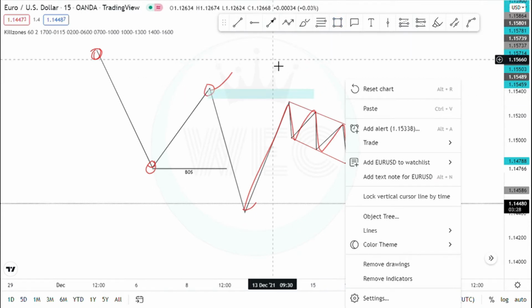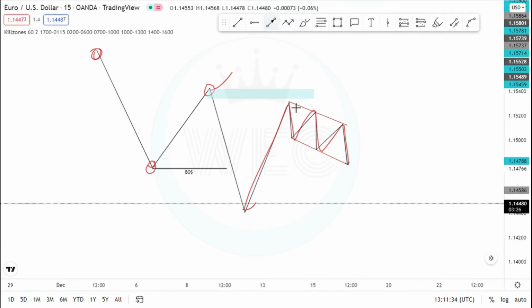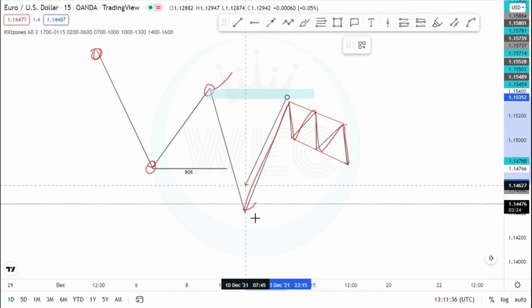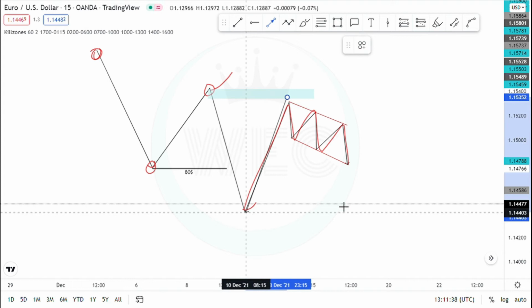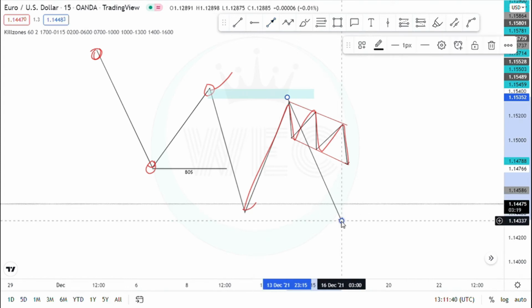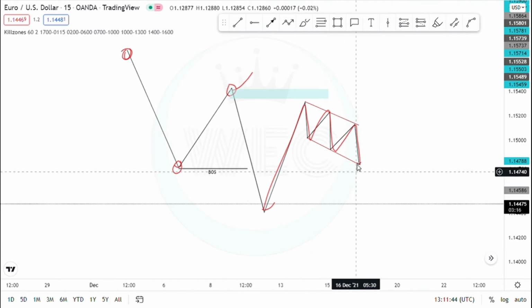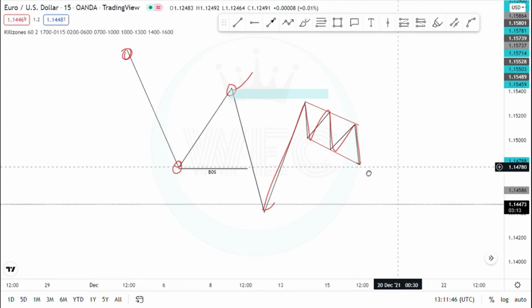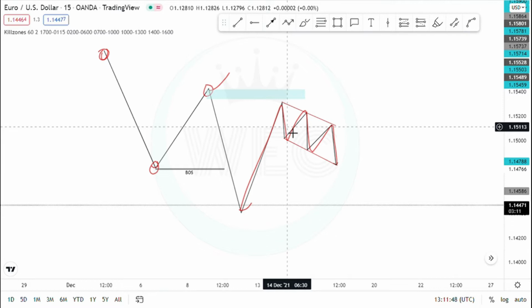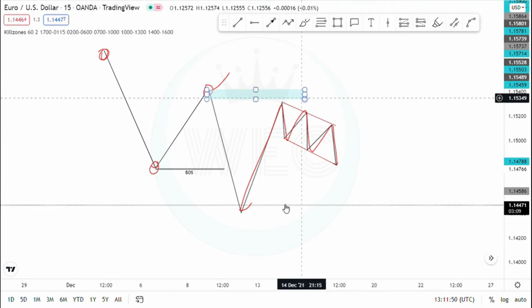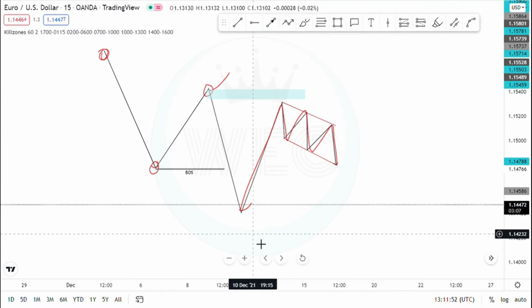So when price is coming from this direction, at least it should get to this level, which is a target liquidity. So you find out why this trade didn't play out. First of all, is because you were not reading market structure the right way. Secondly, is because you were standing in the way of liquidity.